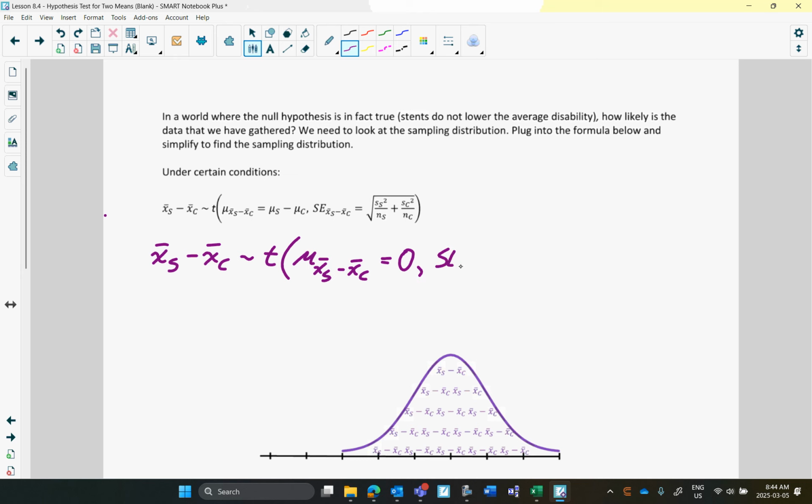And our standard error, we're going to calculate it the same way we did for a confidence interval. And that's by taking the standard deviation of the stent group squared divided by the number of people in the stent group plus, never minus, the standard deviation of the control group squared divided by how many were in the control group sample.